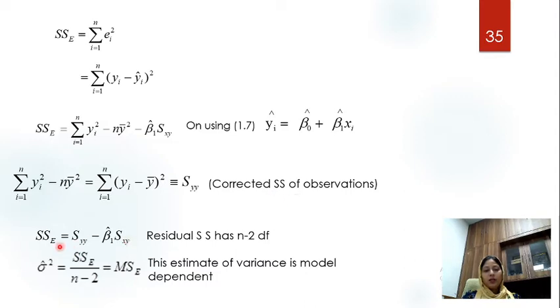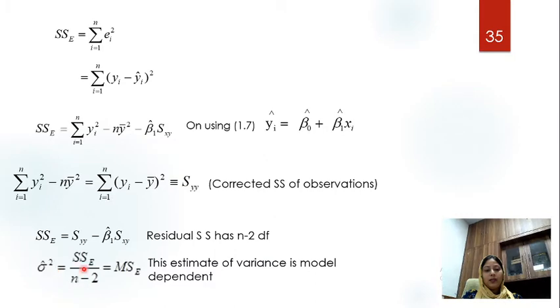Sum of squares due to error can also be expressed as Syy minus beta 1 hat Sxy. This has n minus 2 degrees of freedom, because the degrees of freedom is defined as the total number of observations minus the number of linear independent constraints imposed on them. Two constraints are imposed since we are obtaining the estimates of beta naught and beta 1.